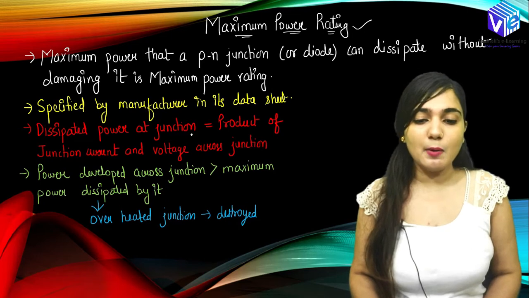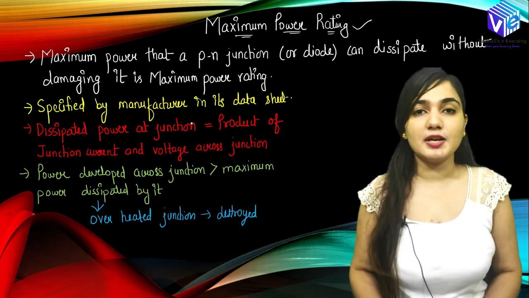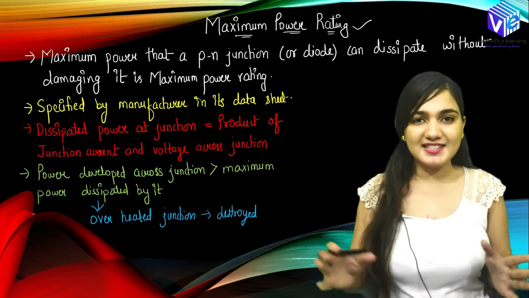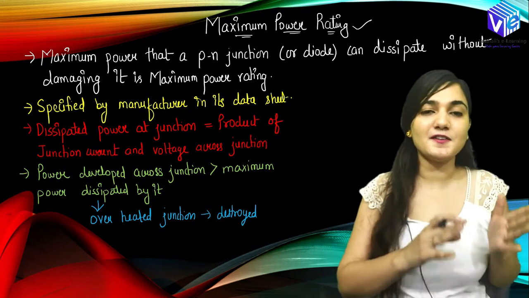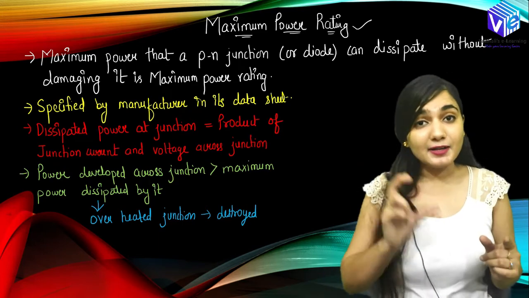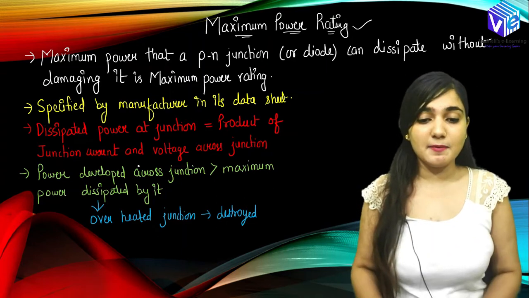The power dissipated at the junction is equal to the product of the junction current and the voltage across the junction. So if the voltage across the junction is increased and the current through the junction is increased, the product increases and the power increases, and the device may get damaged.